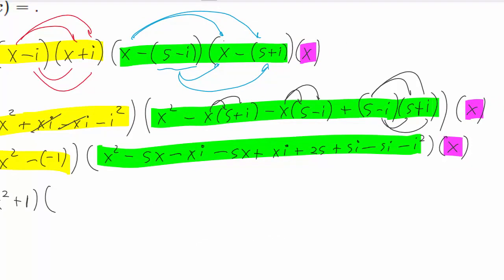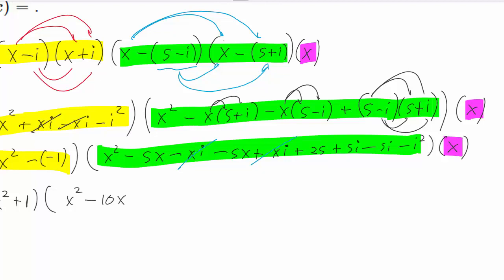There's no other x squared terms, so that x squared is going to stay. Here I have a negative 5x and a negative 5x, so those two things together would make negative 10x, right? Okay, let's keep moving here. Now I have a negative xi and a positive xi, so those subtract to make 0.